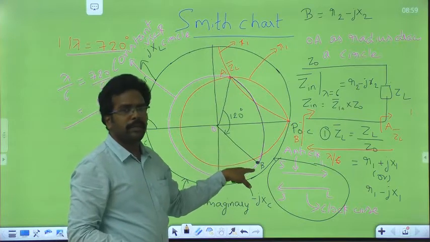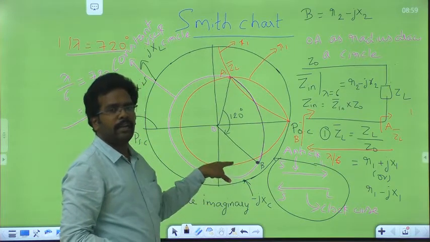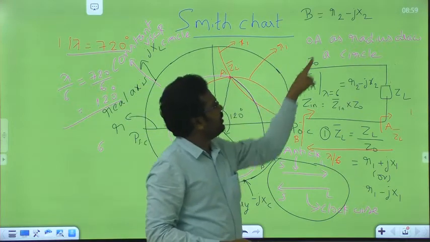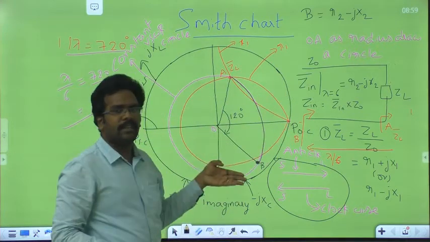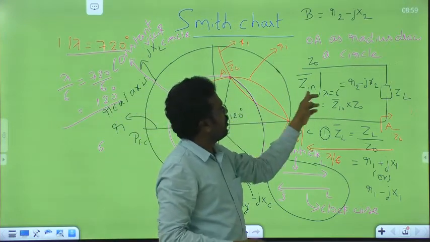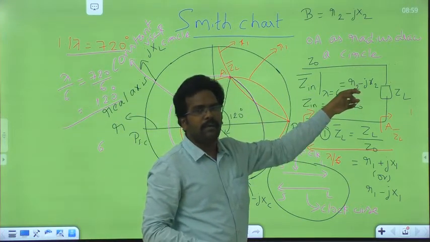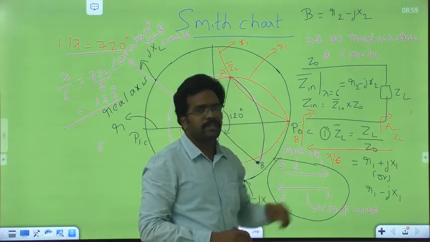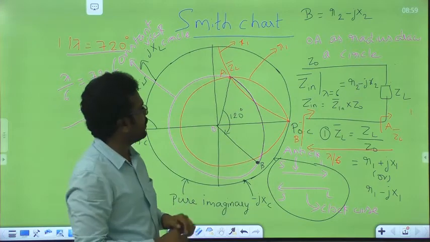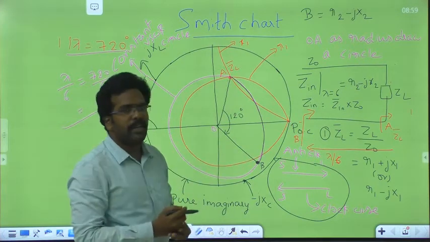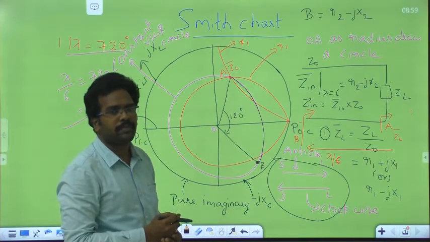That gives point B. At point B, identify the R circle and X circle. You have to keep a minus here because the bottom hemisphere is capacitive reactance. This gives the normalized input impedance at lambda by 6. To find the absolute value, normalized value into Z0 gives the absolute value. This is the procedure to find the input impedance at some distance.